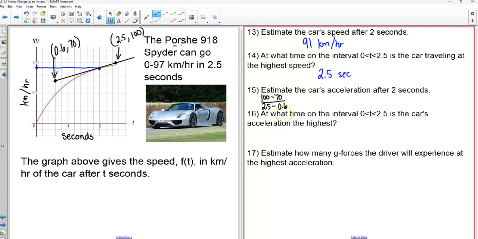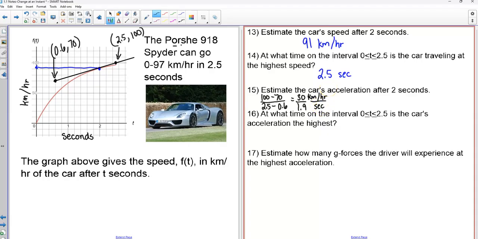0.6. And I forgot to tell you to get calculators, so I'll just do it real quick here for you, because I don't want to drag them out. We don't really need them for the other stuff we're doing. So we got 30 over 1.9. And the top is kilometers per hour, and the bottom is seconds.